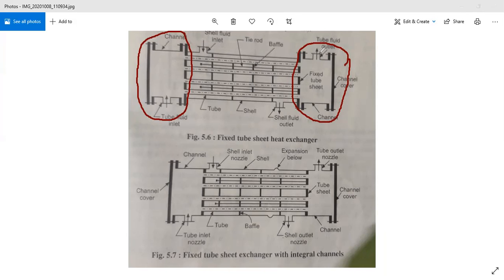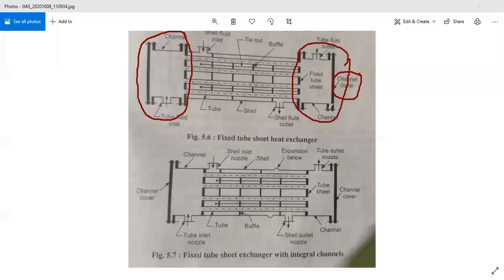So the channel has different parts, like the channel cover. For closing this tube side fluid arrangement, we have to add this channel cover, and this channel cover is connected with the channel part with the help of a nut and bolt arrangement, and sometimes it is an integral part of that shell and tube heat exchanger.